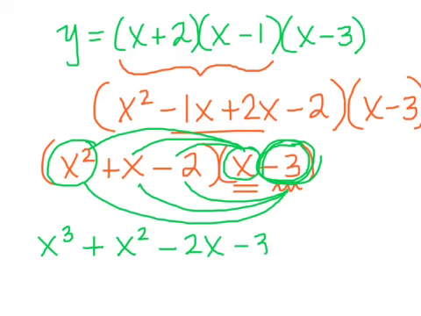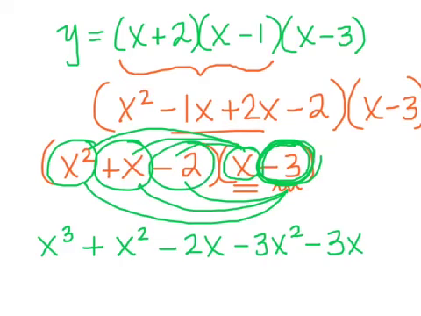Then we just keep going right next to that and say -3 times our first term is -3x to the second. Then -3 times our second term is -3x. And then -3 times our third term is -3 times -2, which is +6. Then you look for any like terms again, and I see one here with one here, and I see one here and one here. So we're going to put those together.